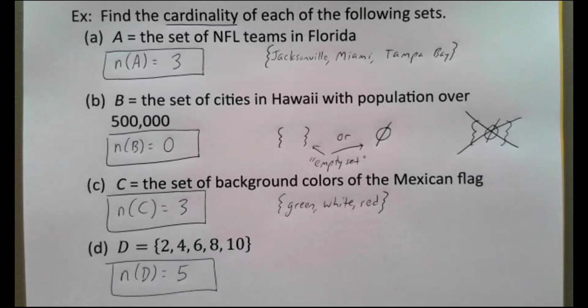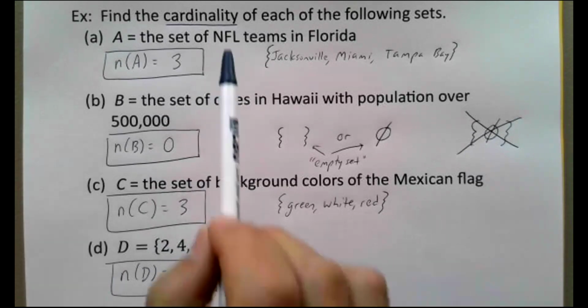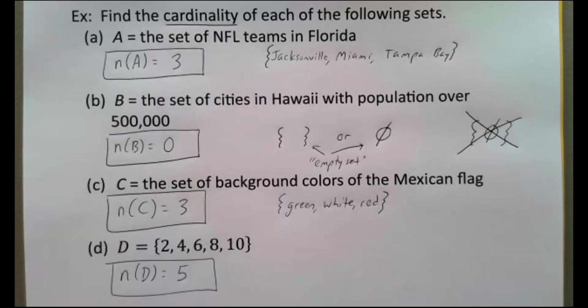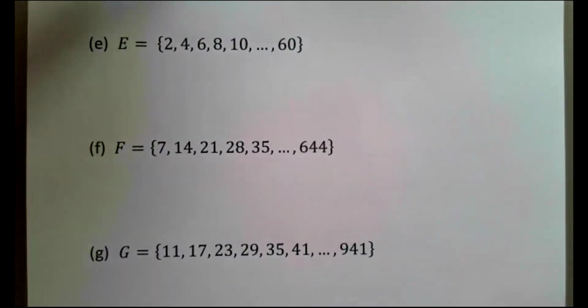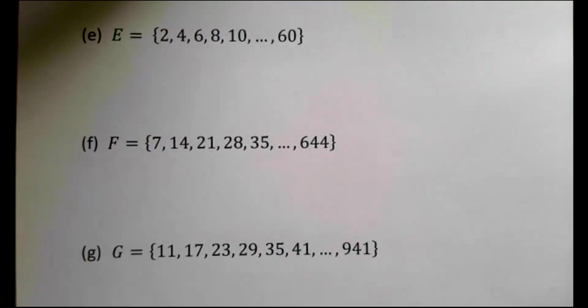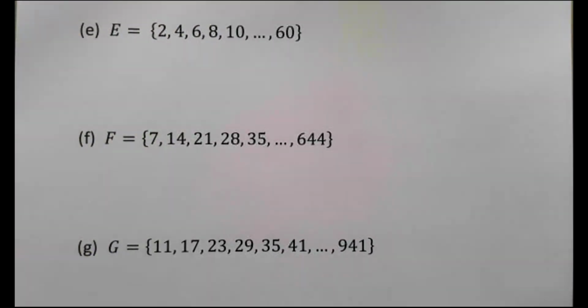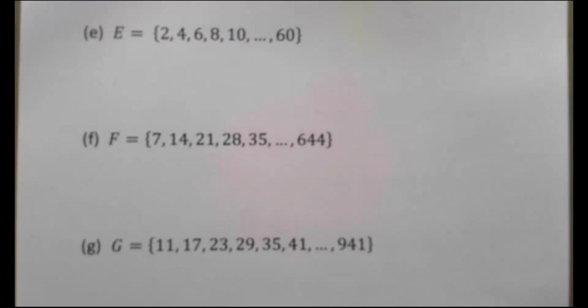Now, these last 3 problems, we're going to turn the page to another one. We're still talking about cardinality. I'm still asking you to find the cardinality of these sets. These last 3 problems are a little more difficult than what we just saw, for example, in part D. Again, as a reminder, cardinality means the number of elements inside of the set.